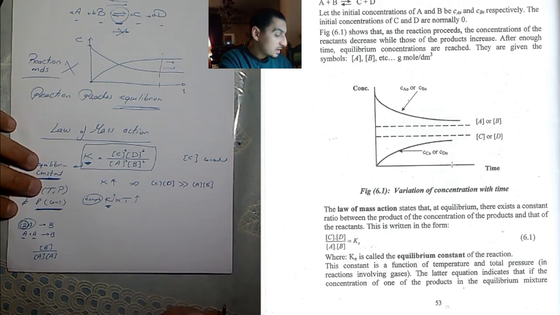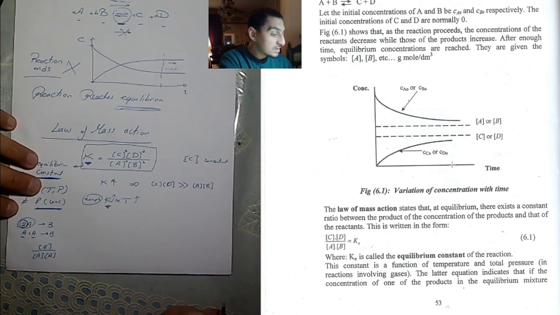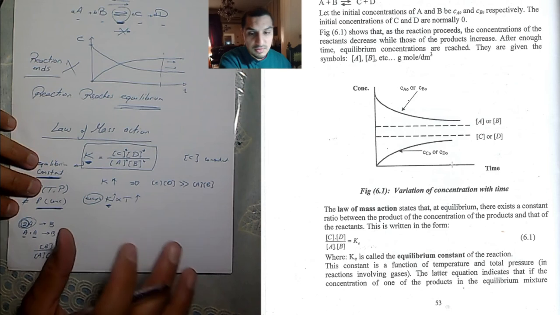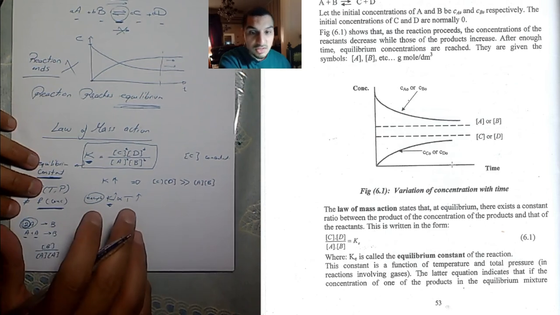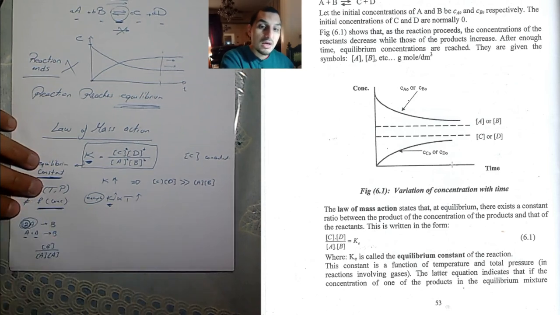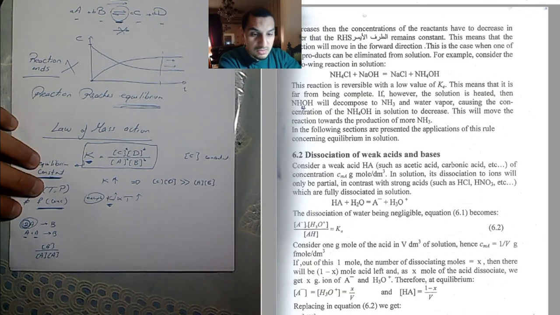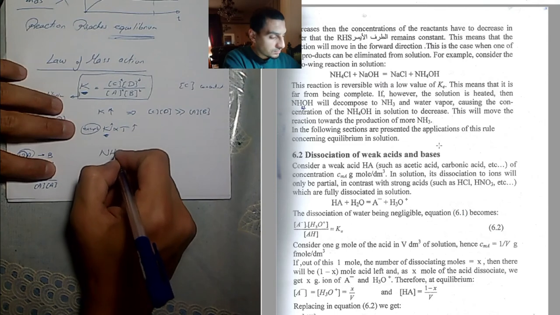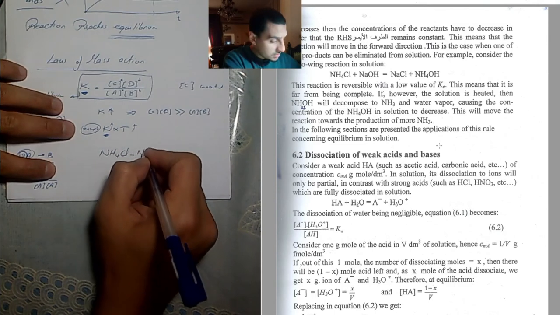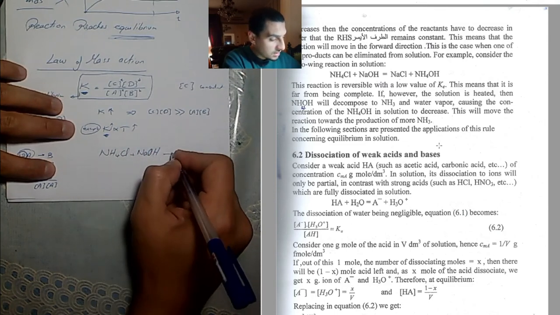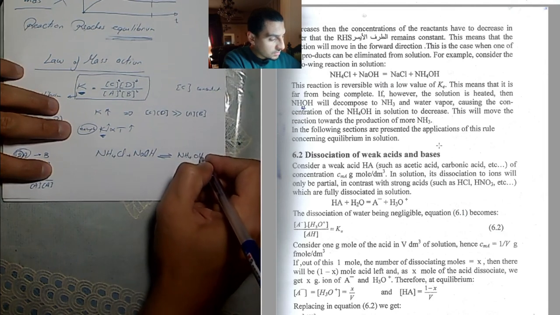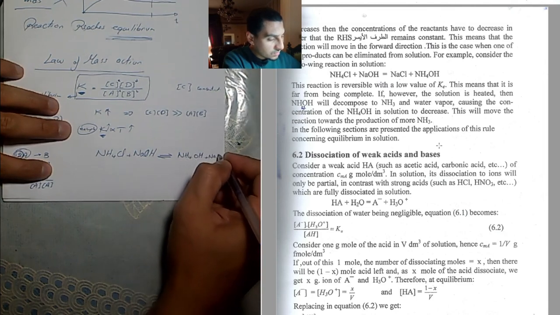One other thing, you can mess with the equilibrium concentrations so that the reaction would go in the forward direction. A good example is the one that we see here for the reaction of ammonium chloride plus sodium hydroxide that gives ammonium hydroxide and sodium chloride.